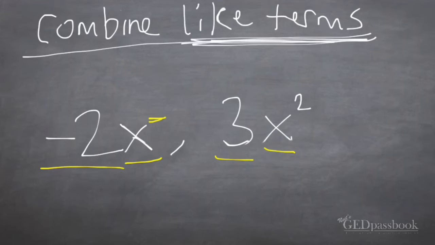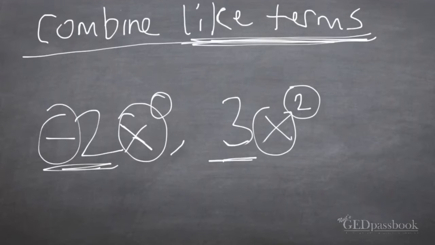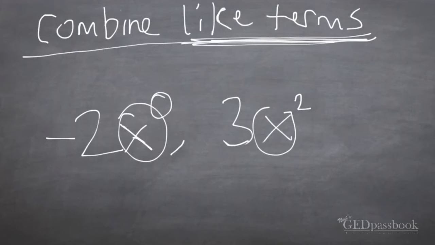The only thing you ever have to look at whenever you're comparing like terms is if it's the same variable and the same exponent, all right? Number does not matter. Symbol does not matter. This is going to be key, all right?